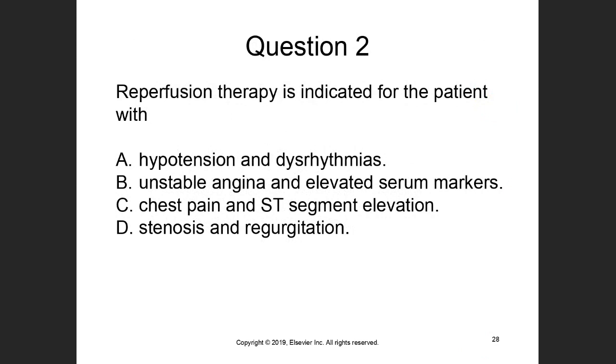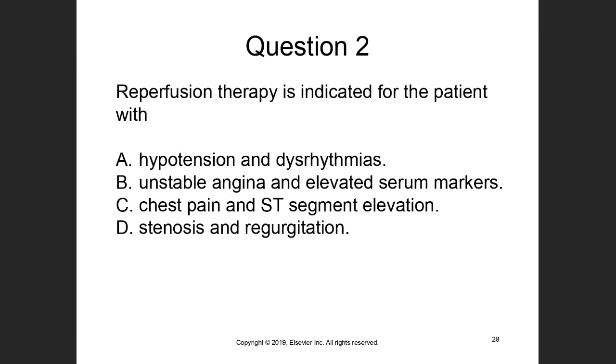Now we have one question. Question number 2. Reperfusion therapy is indicated for the patient with... What's the answer? B, exactly.